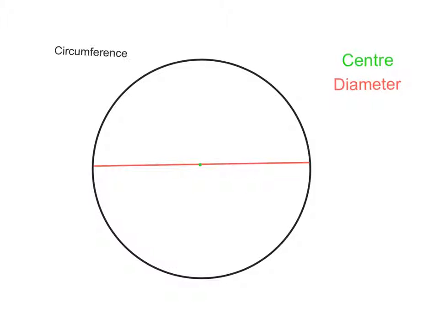The circumference is the distance that goes all the way around the circle, shown by the black line here. Any line going from the middle of the circle, shown in green, to the outside of the circle, shown in blue, is called the radius.